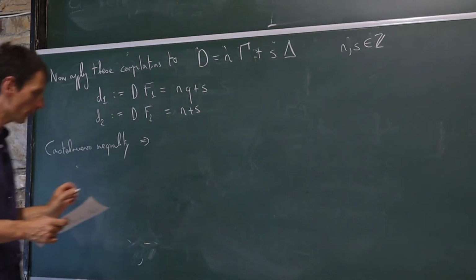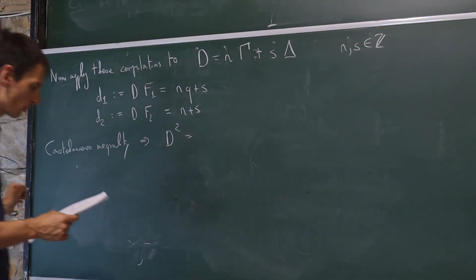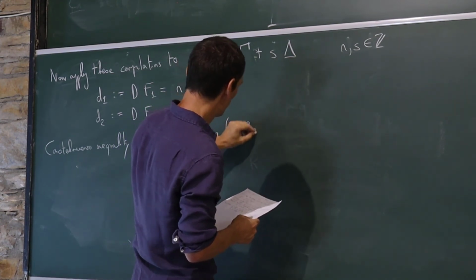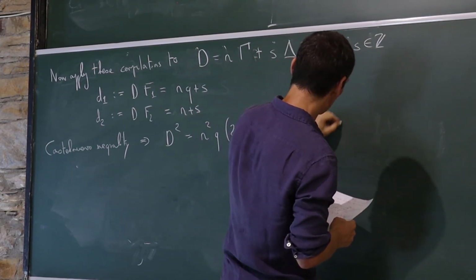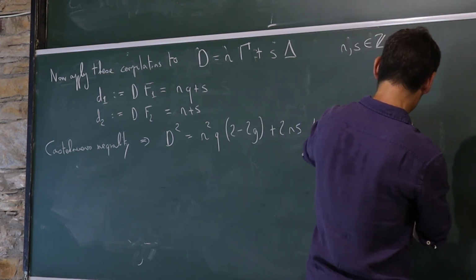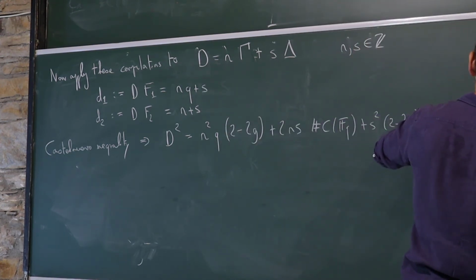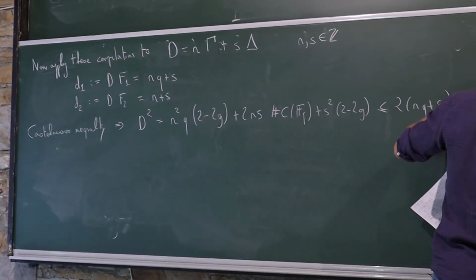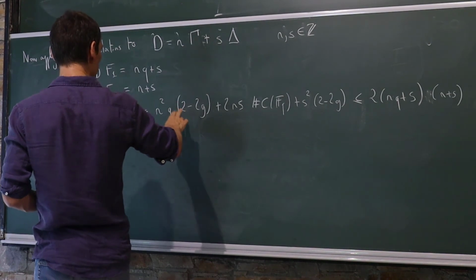It implies that D squared, which, if I do the computation, is going to be R squared Q times (2 minus 2g) plus 2RS cardinality of C over F_q plus S squared times (2 minus 2g), is smaller or equal to 2 times D1 D2, so 2 times (RQ plus S) times (R plus S).